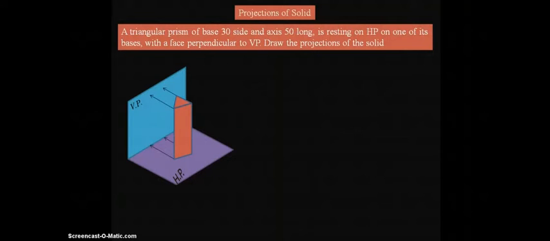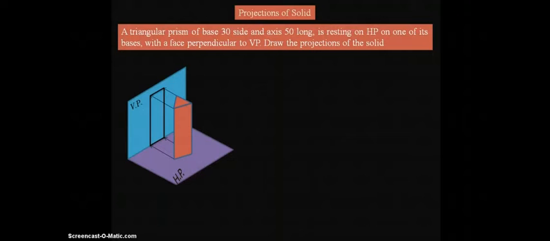So here, by drawing the projection lines, I am representing the front view. The front view of this triangular prism is a rectangle having a height equal to the axis of the prism mentioned in the problem. In the top view we can see the triangle shape, because in the top view we can see the base of the prism.